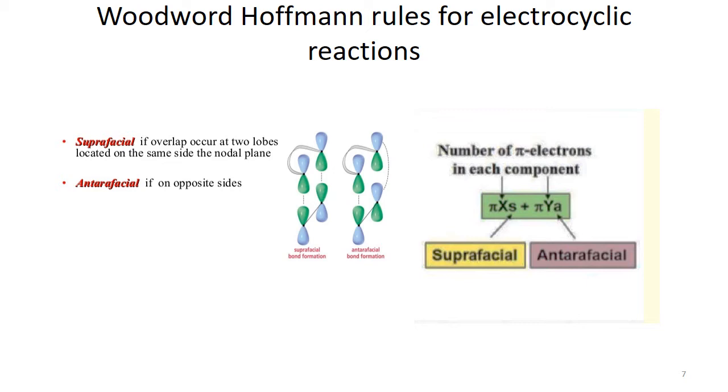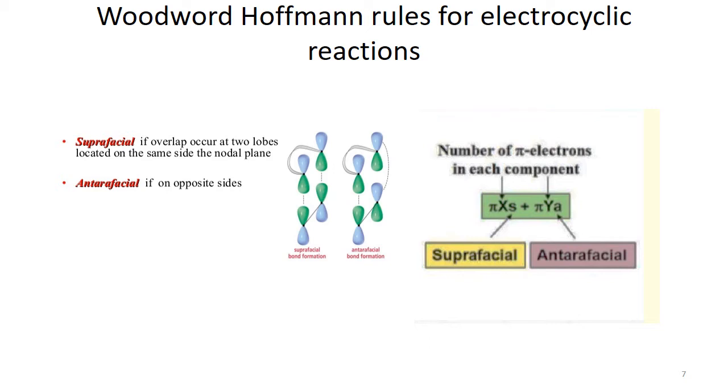So if they are on opposite sides and overlap this way, we call it antarafacial. Now, how we designate the number of pi electrons: we say pi if pi electrons are involved, and sigma if sigma electrons are involved. So in the notation, x is the number of electrons in each component. For example, a carbon double bond has 2 electrons, so we say it is a pi 2 system.